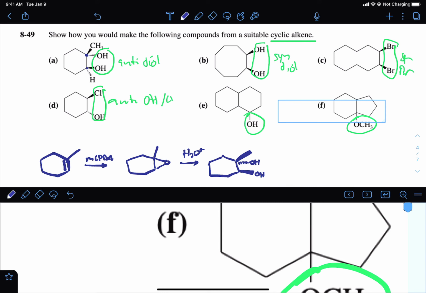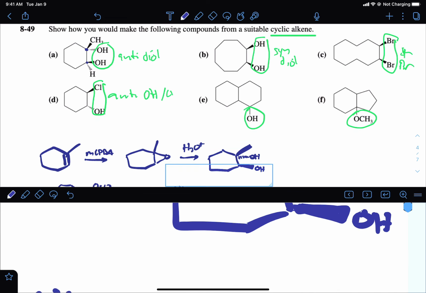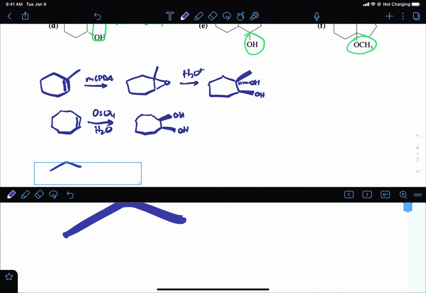Oh, I see. This is super tricky. So this is actually quite tricky. So look at this.